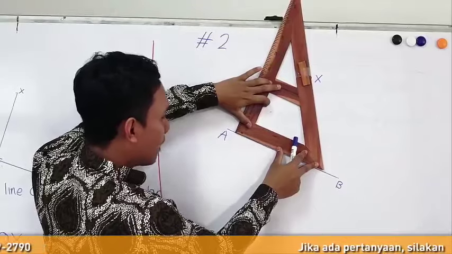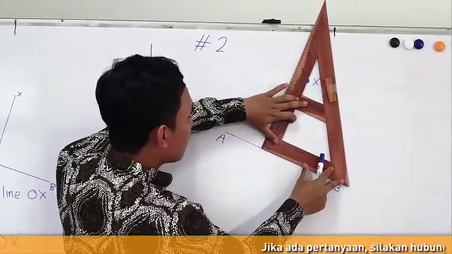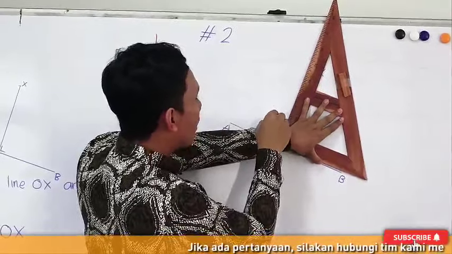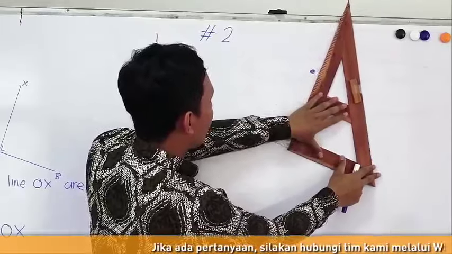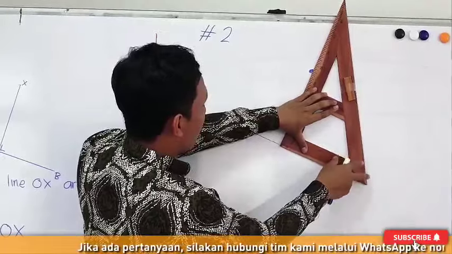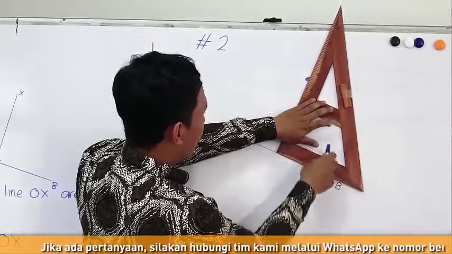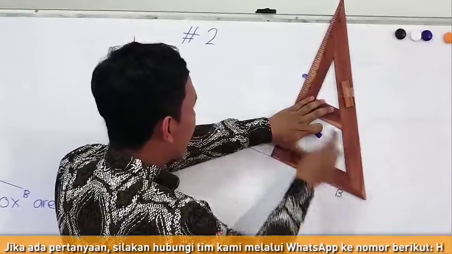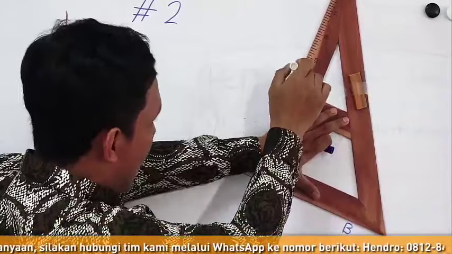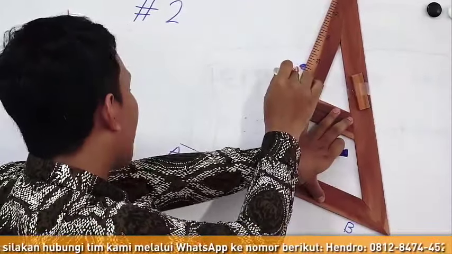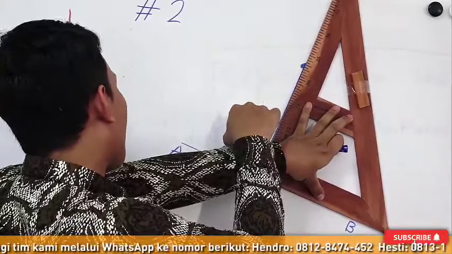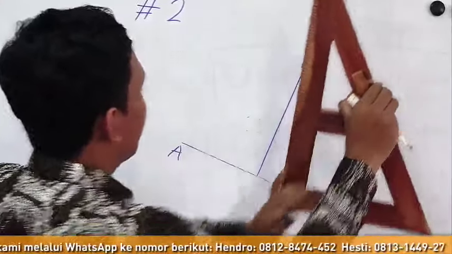Yeah, but don't forget and make sure that this edge of the set square touches point X. Yeah, so this is the way we draw, and make sure again that the longer edge of the set square touches point X. Yes, I'm done.